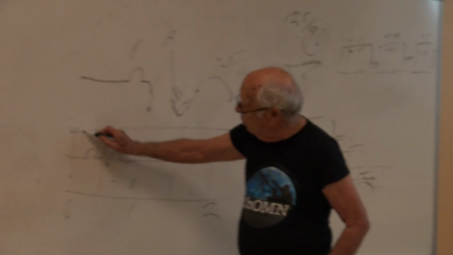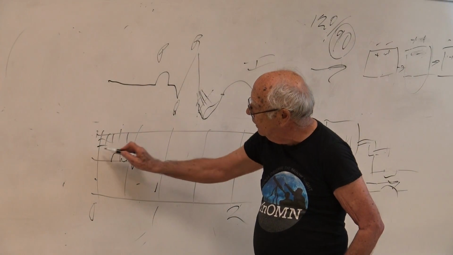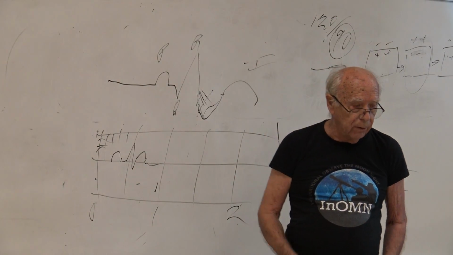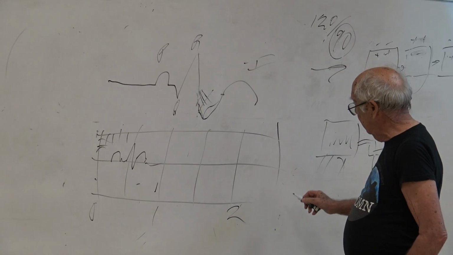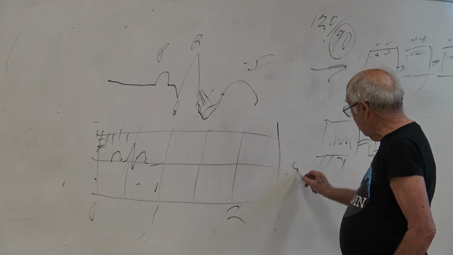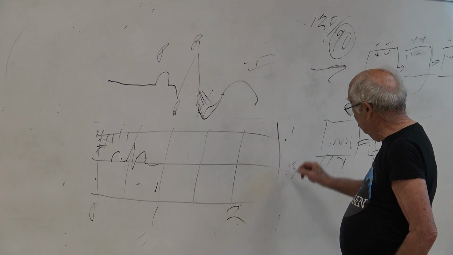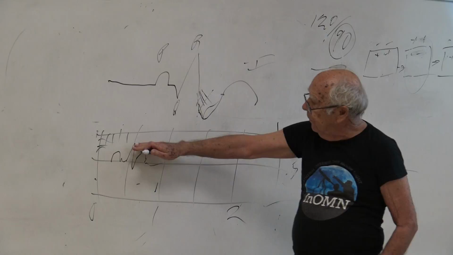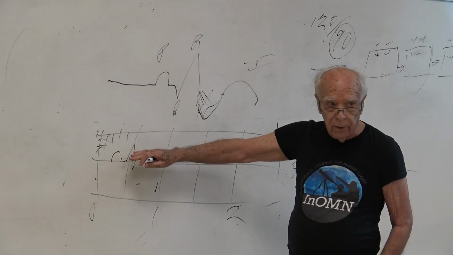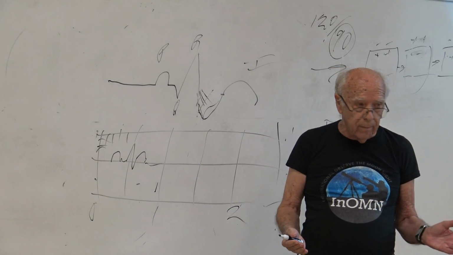Now what's important, and this will be broken up into little boxes. If you look at the sheets I've given you, this is 0.5, this is 0.1 millivolt. So this goes up here a certain height, so they measure that.